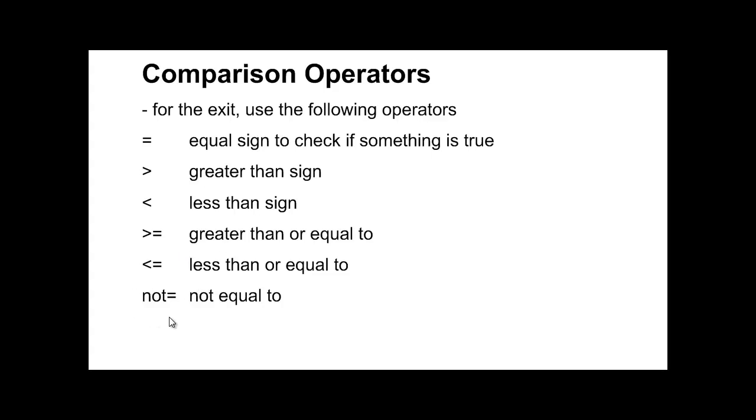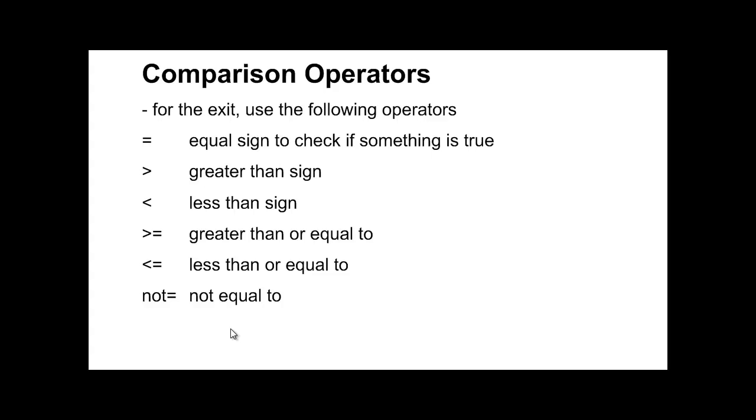The other one that you might not be familiar with is the idea of not equal to. It's a not followed by an equal sign, and that's exactly what it's for. It's for if x does not equal a number. So do this as long as x is not equal to this.